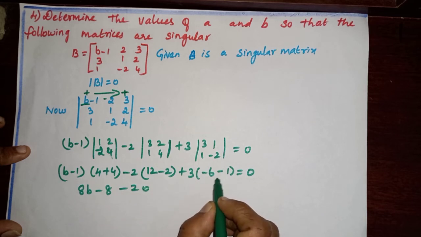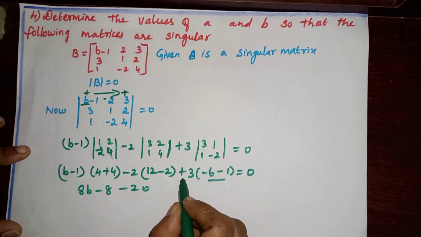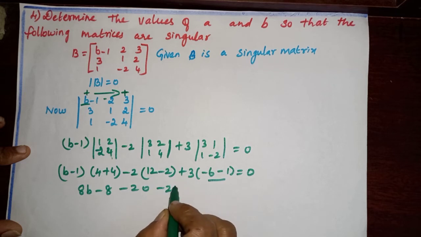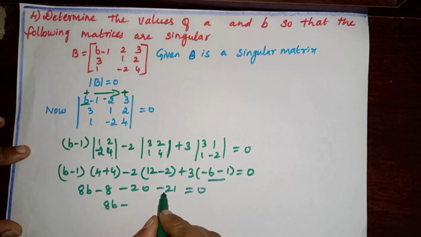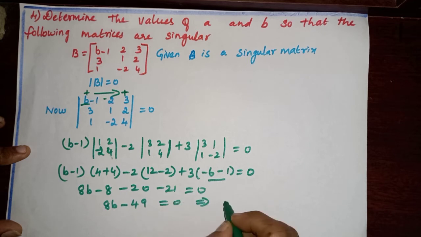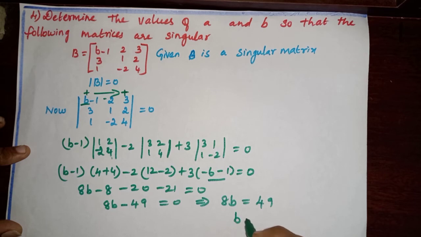Minus 6 minus 1 is minus 7. Minus 7 into plus 3 is minus 21, equal to 0. 8B minus 8 minus 20 minus 21, which is minus 49, equal to 0, which gives 8B equal to 49. Then the value of B is 49 by 8.